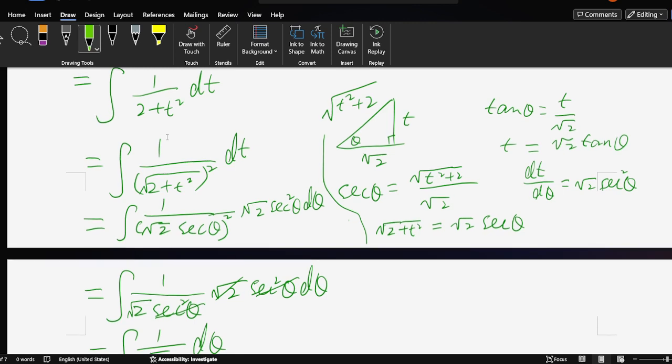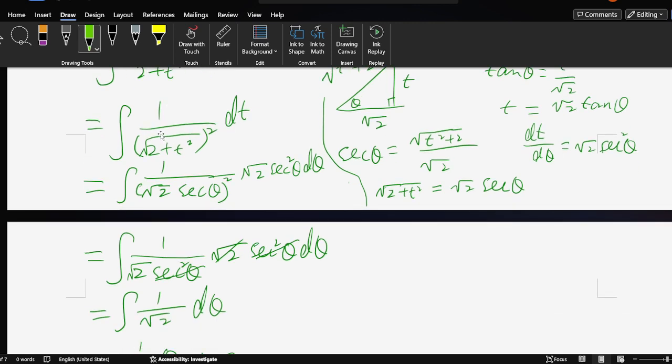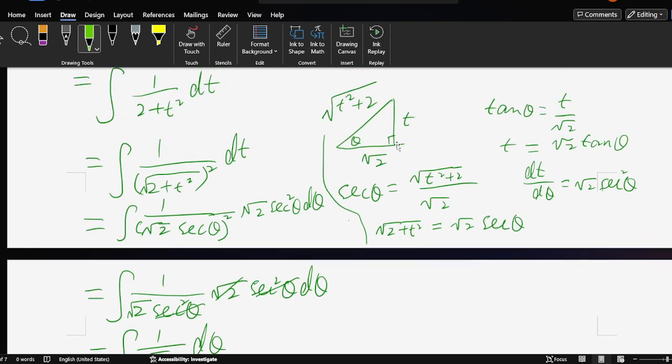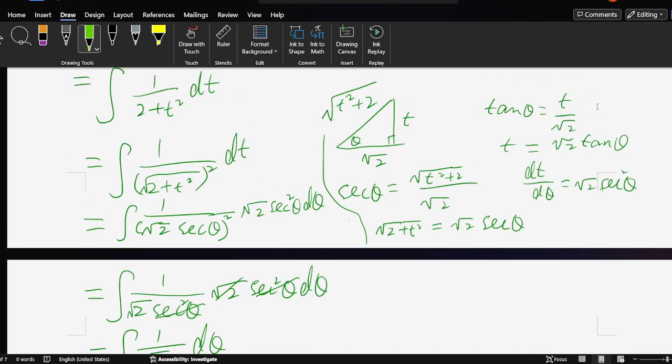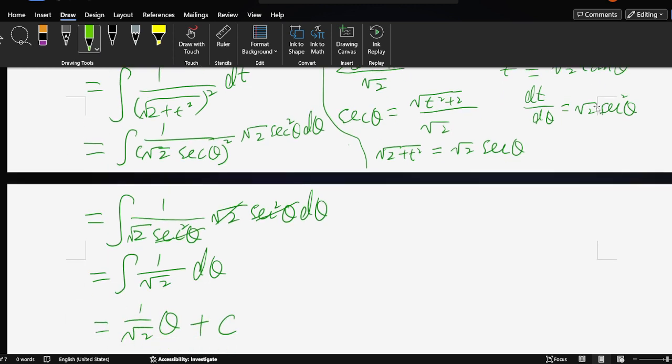What is theta? Theta is here: tangent theta equals t over the square root of 2. So theta is arctangent of t over the square root of 2.